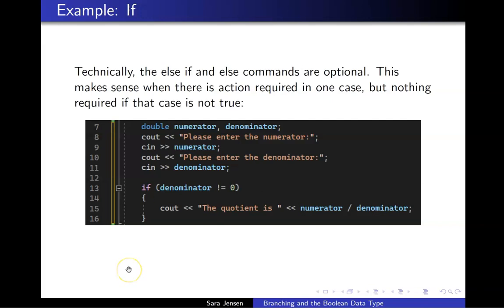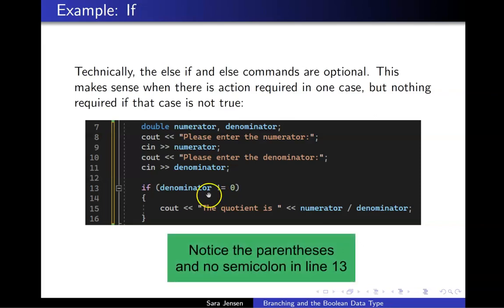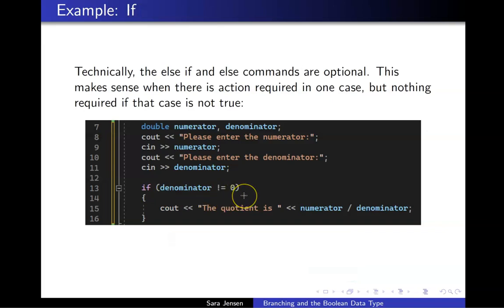Therefore, in line 13, we create a single if statement, the purpose of which is to check whether the denominator is equal to 0 or not. In C++, an exclamation point followed by an equal sign means not equal to. So the line of code in line 13 reads, if the denominator is not equal to 0.